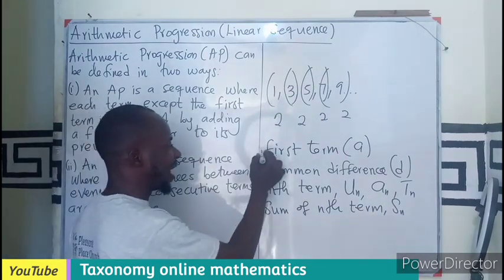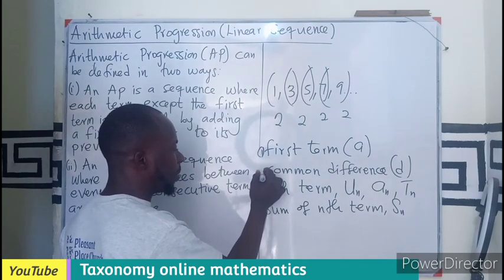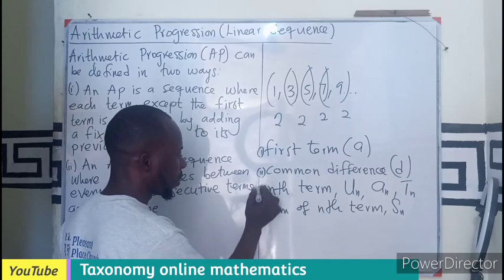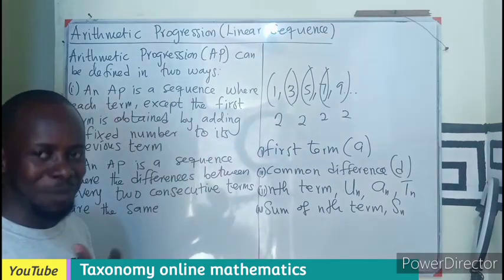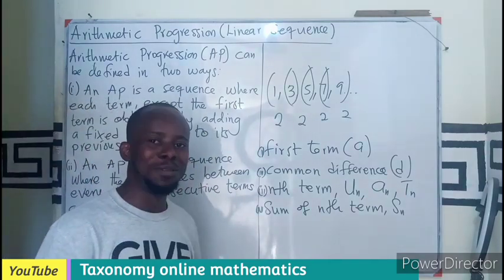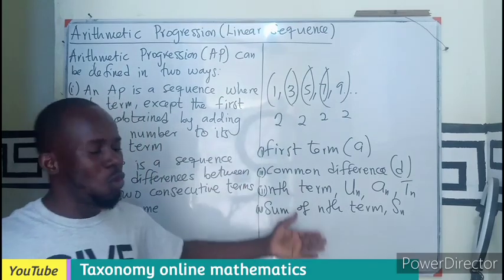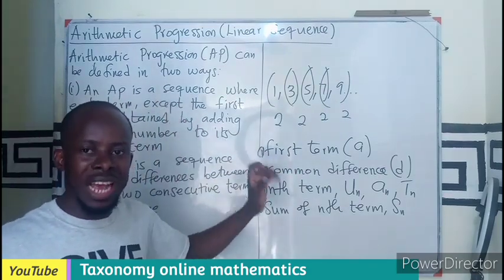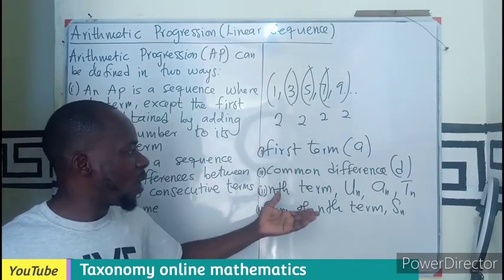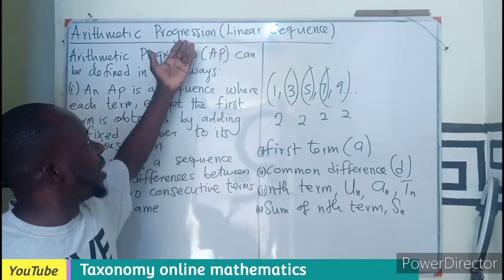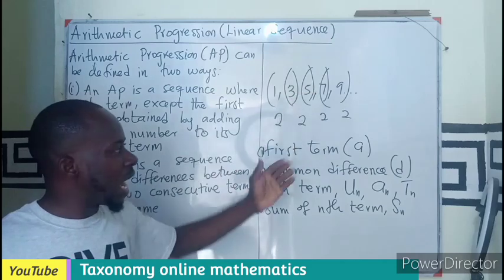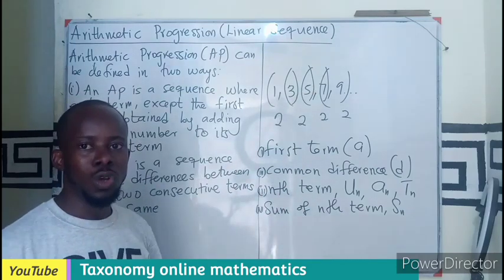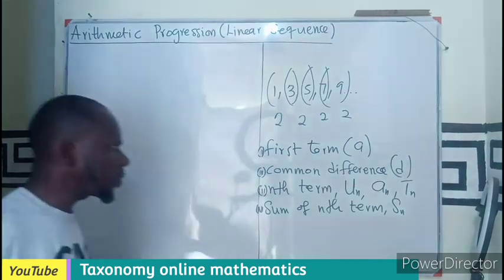So these are the 4 terms, when I mean terms as words, 4 terms that we are going to consider when it comes to the AP or linear sequence. Let's see how we can explain it in terms of progression, how we can deduce that formula that we can easily use to solve these kinds of questions.